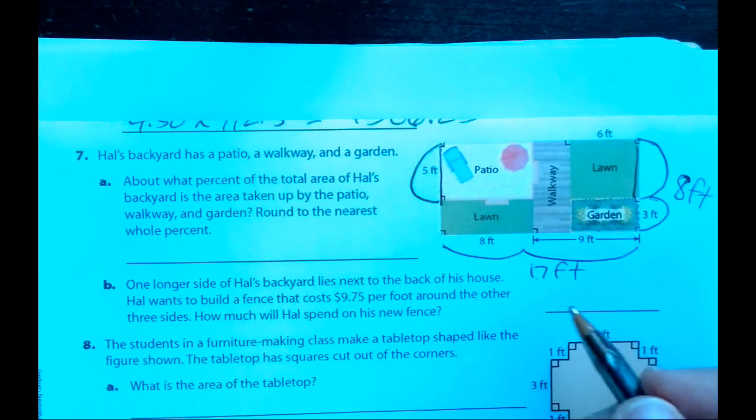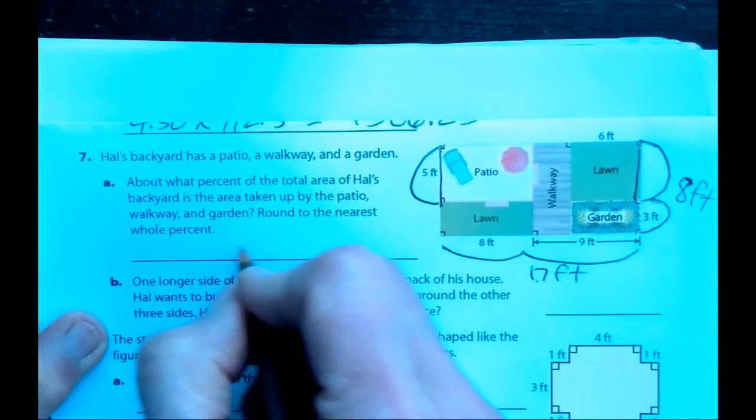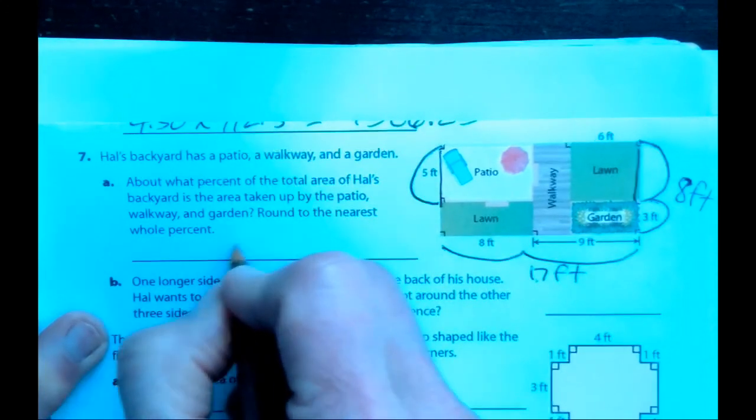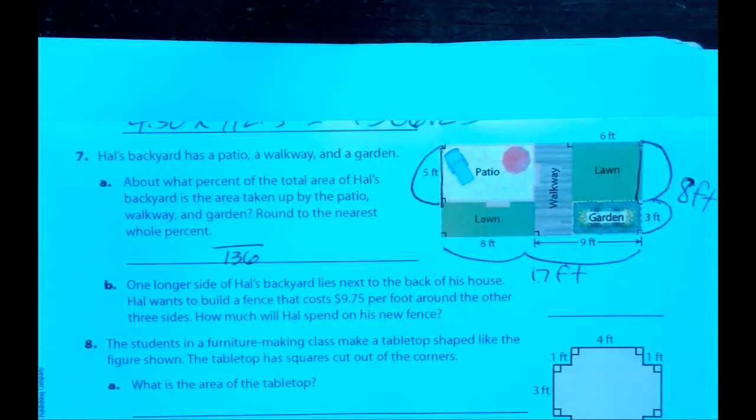So I'm going to just write that down here because we're going to calculate out of 136 square feet. That is our whole, 136. We're trying to find the part that the patio, walkway, and garden are of that whole of 136.